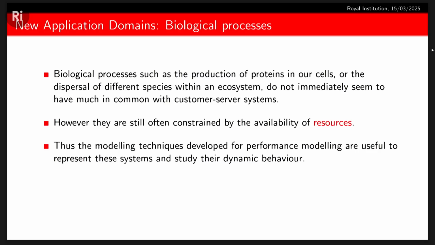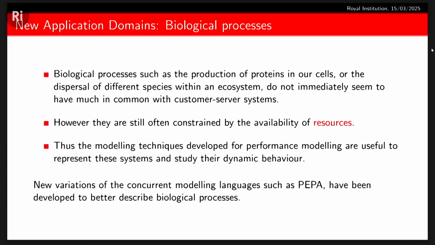So within the cells, the resources are the proteins, the actual kind of raw materials that you need to do the processing within the cell. Within the ecological system, the resource may be space, physical space, for things like a plant to grow, or quite often it'll be food supplies or nutrients within the ecology. So the same modeling techniques start to be used for these different systems.